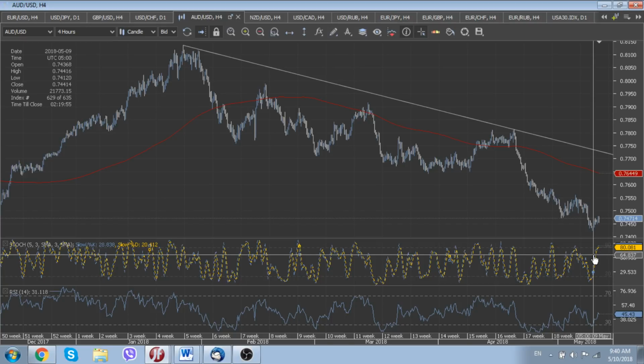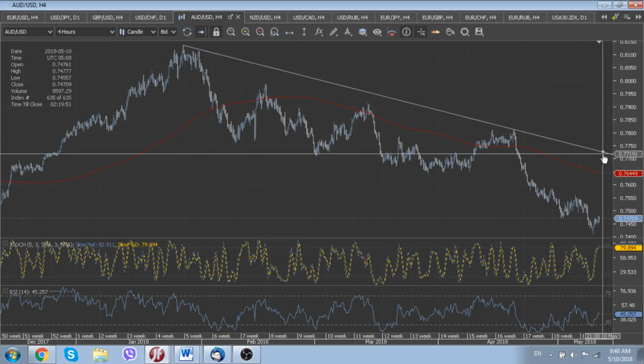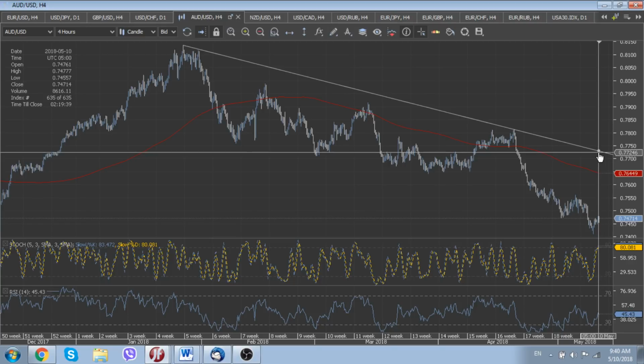Probably the pair should develop a kind of correction, and in that case we expect it could grow even to its current bear trend, which is located at the moment around 77.30. For those looking for shorter-term trade opportunities, such a rebound should probably be used as a selling opportunity.